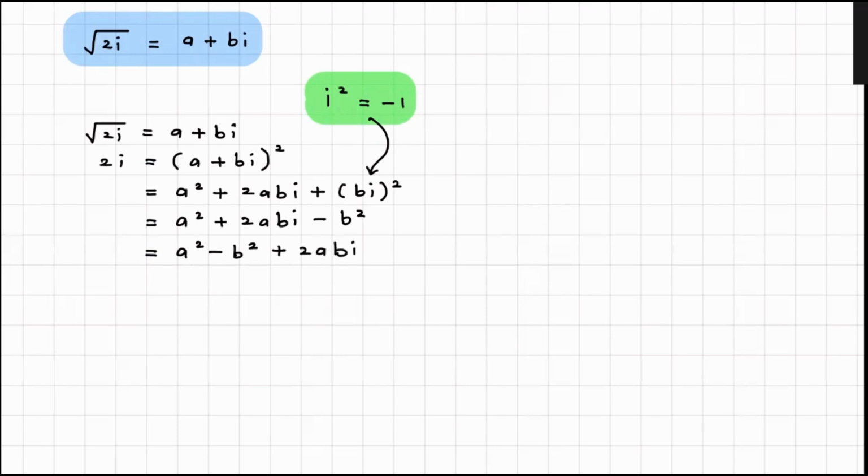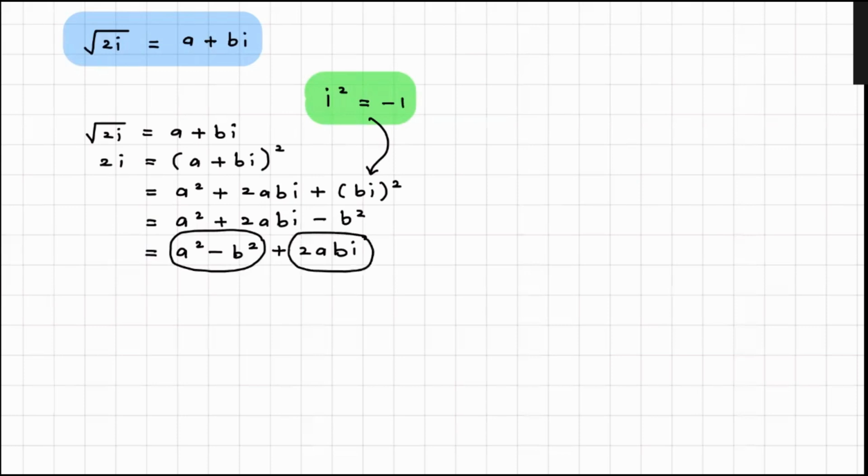Until here, I hope that you can understand. Now, every complex number will have a real part and an imaginary part. That is the pattern. Here, this whole thing is the real number, and this is the imaginary family.